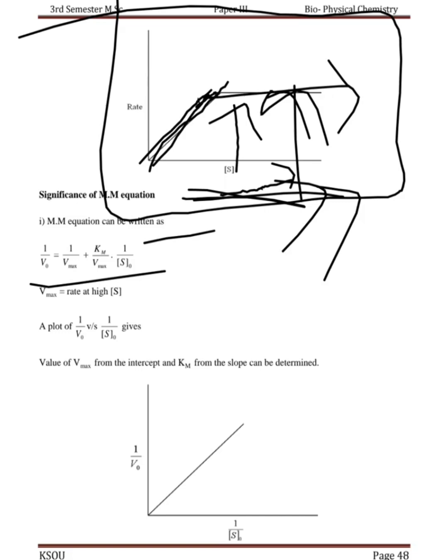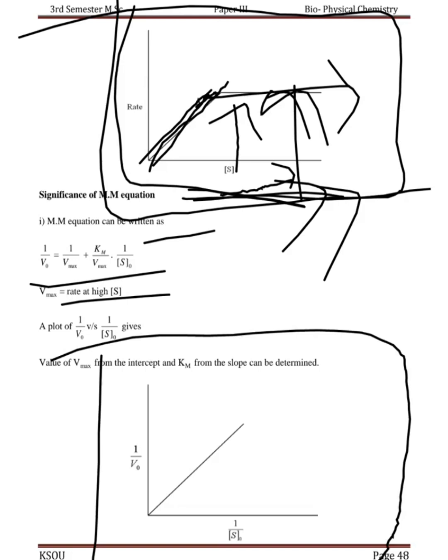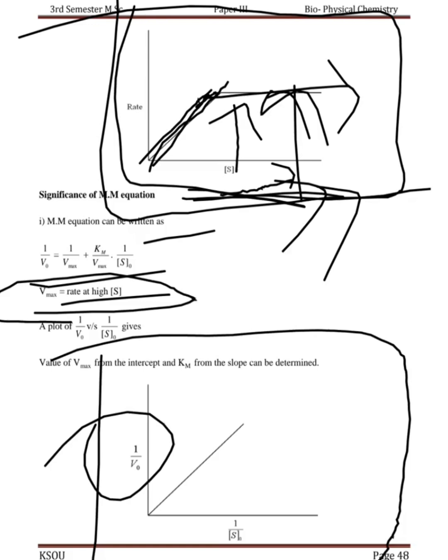V max is the rate of reaction at high concentration, and the same plot is given with 1 by V naught, that is the rate, against 1 by S naught, the concentration of the substrate. So the same equation is written in this form.